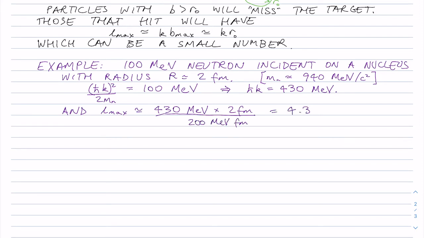so this is the maximum angular momentum that you're going to have, because if you're more than 2 Fermi away, then you miss the target and you're not scattered anymore. So in terms of the scattering, all we need to worry about is 430 times 2 Fermi. This 200 MeV Fermi is just a conversion factor which equals 1 in units where h bar equals c equals 1. And so we find that the maximum L that we're going to need to take into account is L max equals 4.